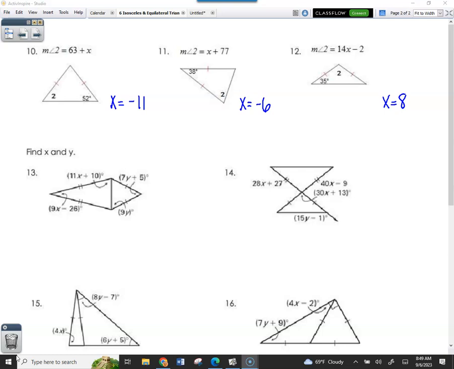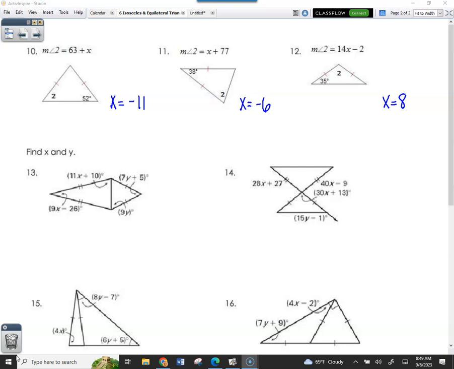Vertical angles are always congruent. We also know that the total sum of the angles in a triangle is what? Every time? 180. When you look at number 13, for instance, there's a lot going on here.